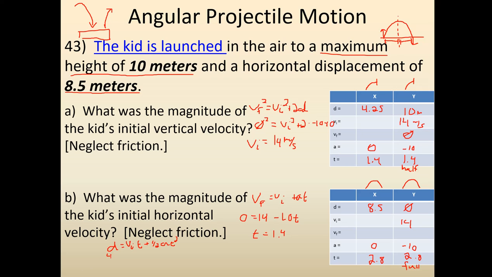So 4.25 equals VI times 1.4 plus the acceleration is 0, so all that's 0. And I end up getting that the initial velocity is about 3 meters per second. Again, you can test it yourself if you made this chart, that this was also 3 meters per second.